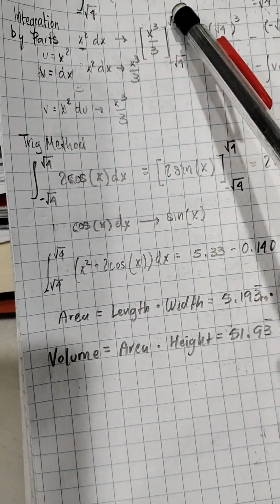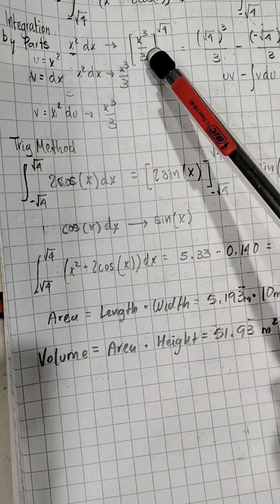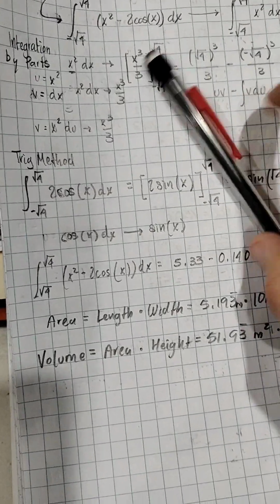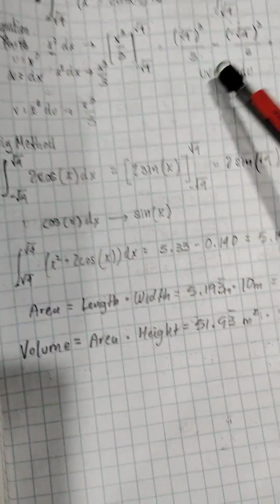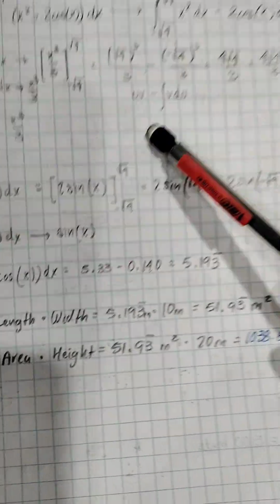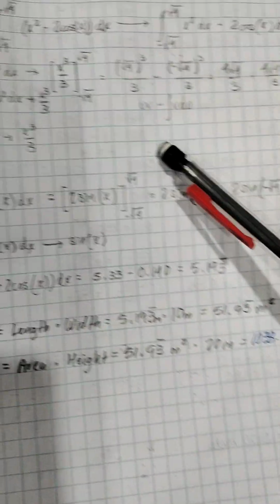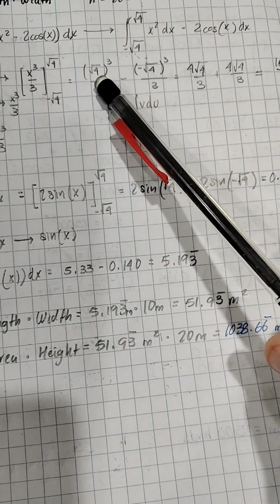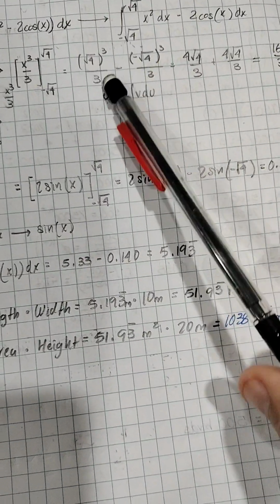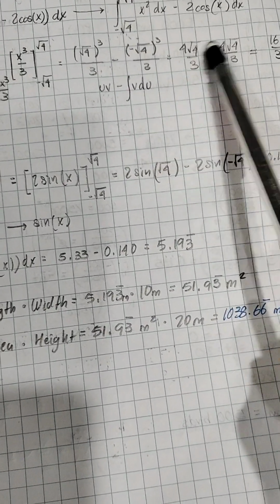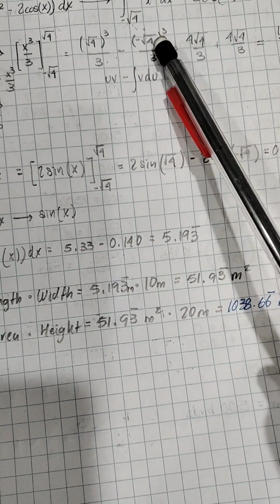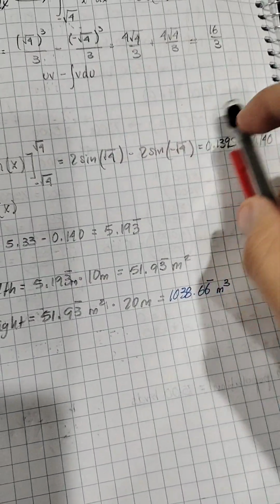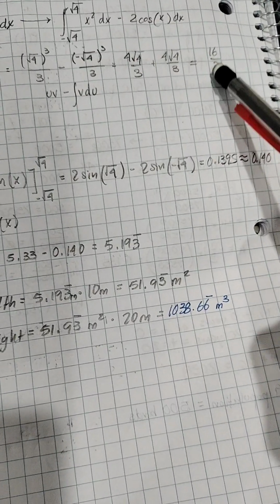Its antiderivative is x cubed over 3, and we substitute the values here: square root of 4 to the cube over 3 minus negative square root of 4 to the cube over 3. We got this, and the result is 16 over 3.